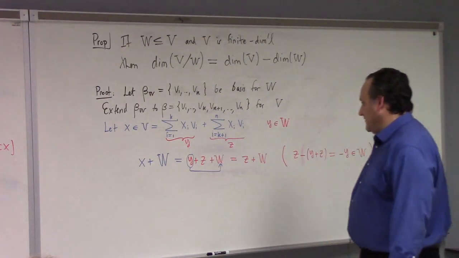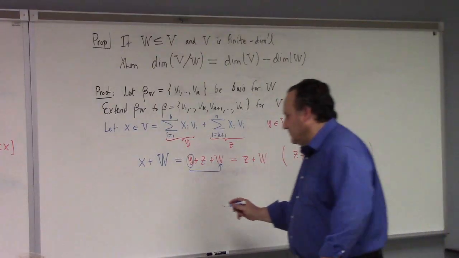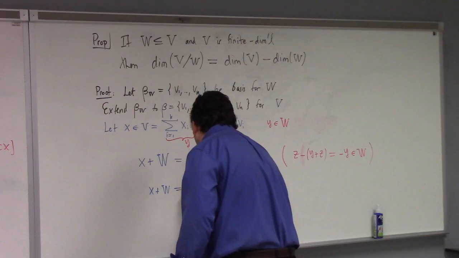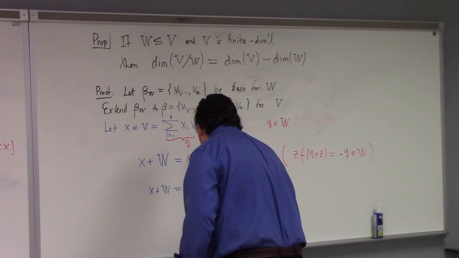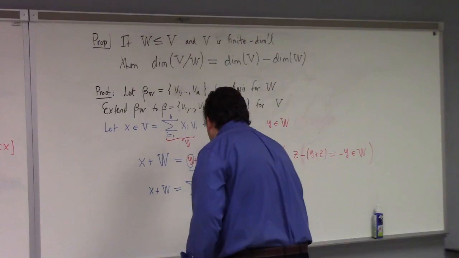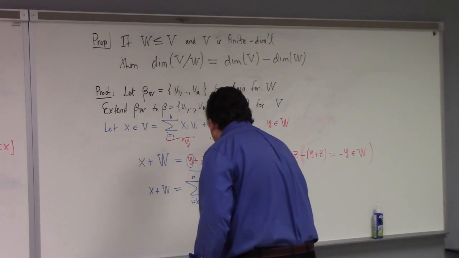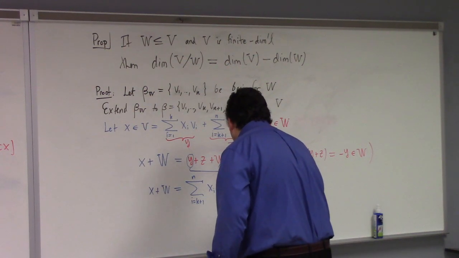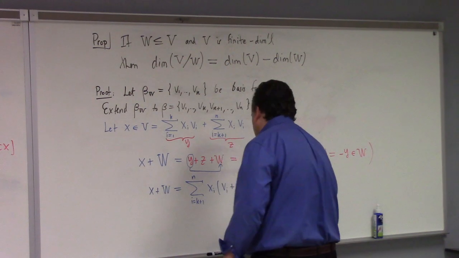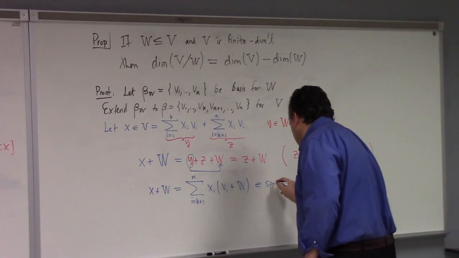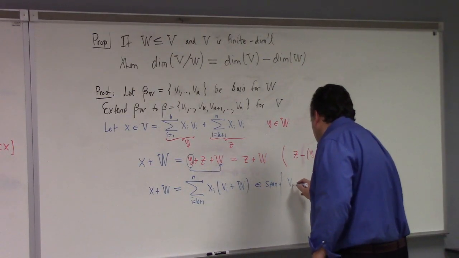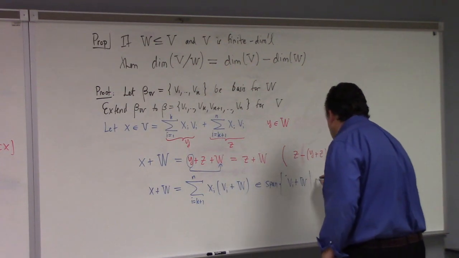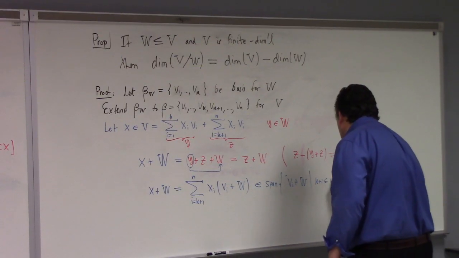So my point here is simply that x plus W, right, it's actually equal to a sum, i equals k plus 1 to n, of x sub i times (v sub i plus W). In other words, this is an element of the span of v sub i plus W, where k plus 1 is less than or equal to i is less than or equal to n.